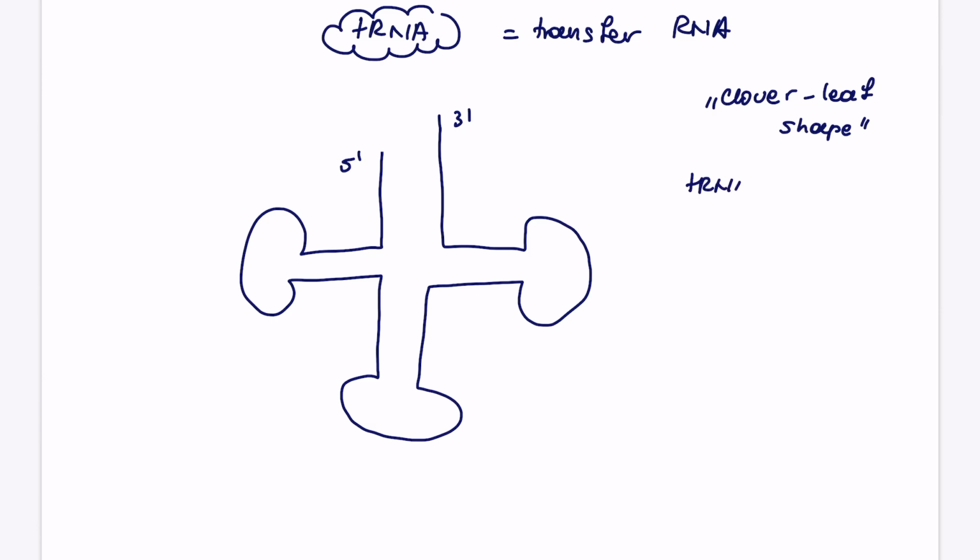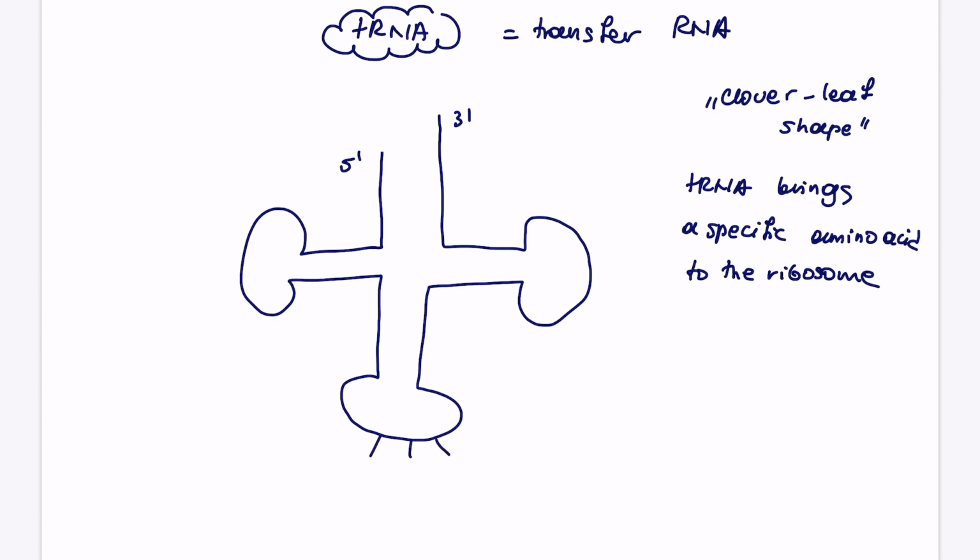First of all, the function of tRNA is to bring a specific amino acid to the ribosome. So how does that happen? At the bottom of the tRNA, there will be a sequence of 3 bases that is called the anticodon. The second feature that you need to know is hydrogen bonding.